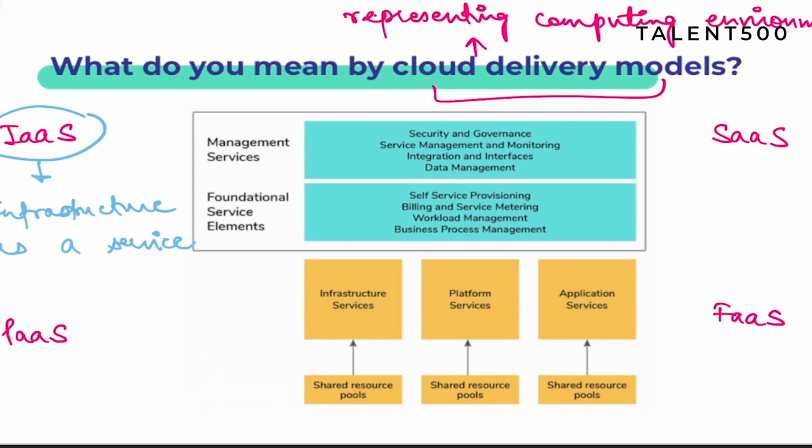Now, what infrastructure request can be there? It can be related to your operating system, your storage, your networking and other elements. So if something is dependent on the infrastructure, all of those requests are going to be handled by this service. Okay.